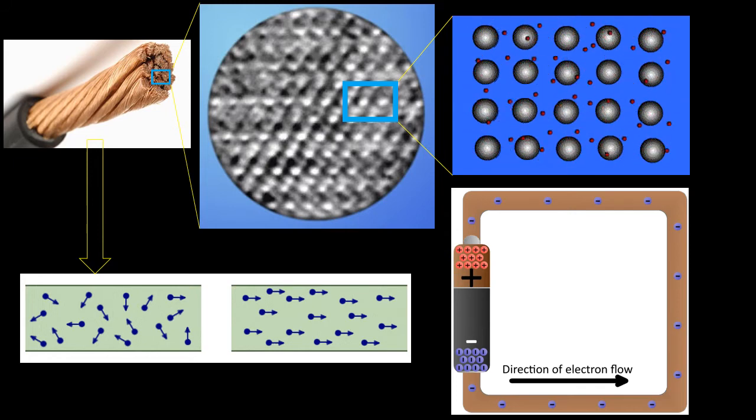A battery is basically a build up of something that has a negative charge on one side and a positive charge on the other side, and there's a wall in between them where they can't mix with each other.